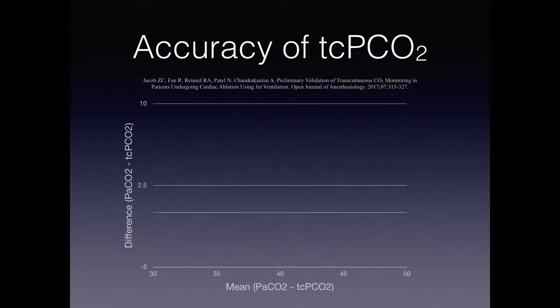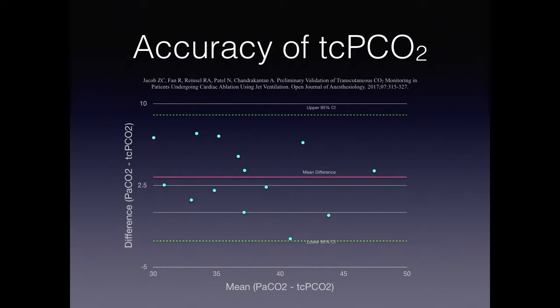Then they did Bland-Altman analysis, and you've seen a Bland-Altman plot before. These are all the times where they had arterial CO2s to match up with the transcutaneous, and you can see here are the 95% confidence intervals, and there's the mean difference.